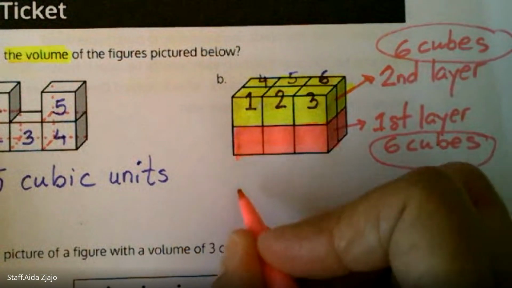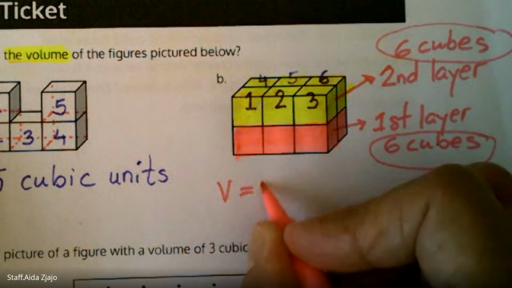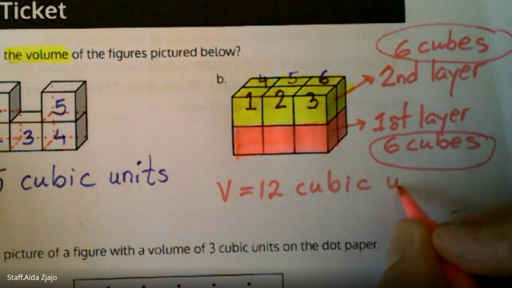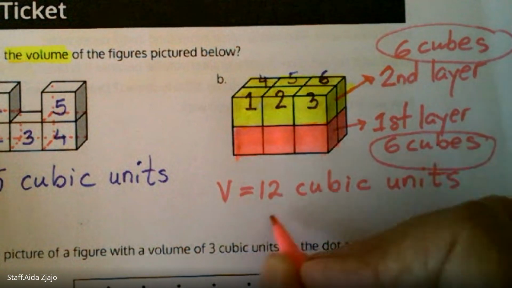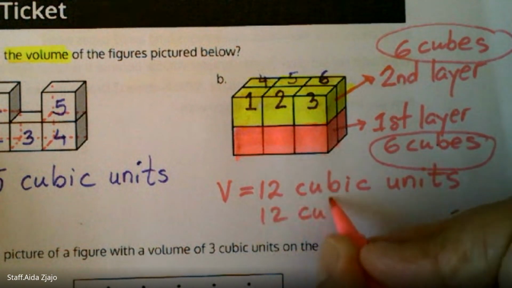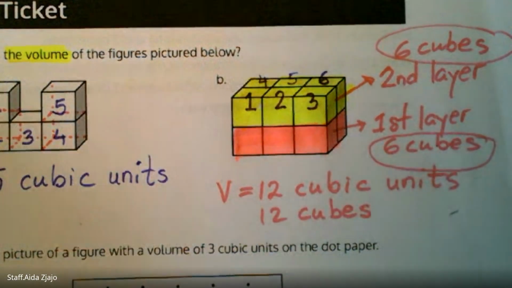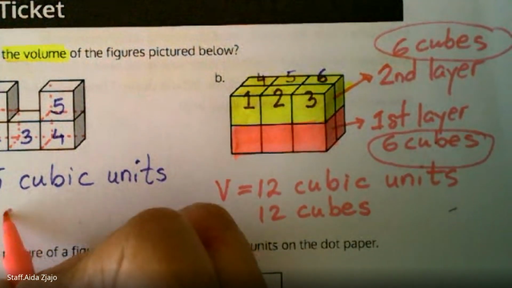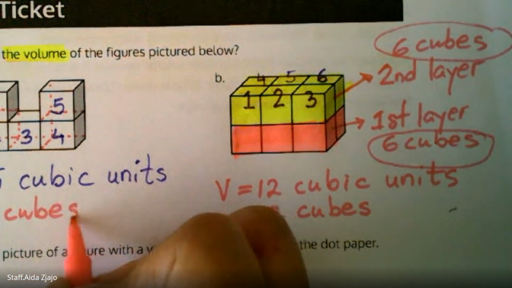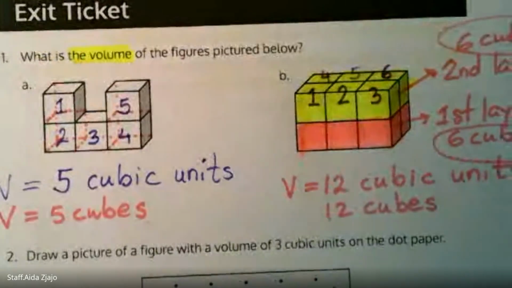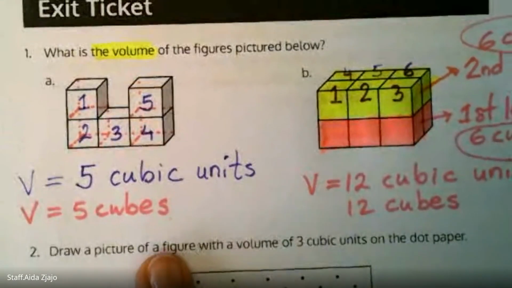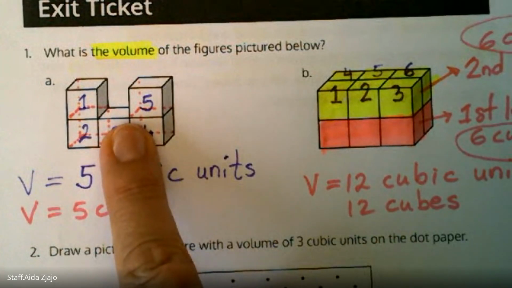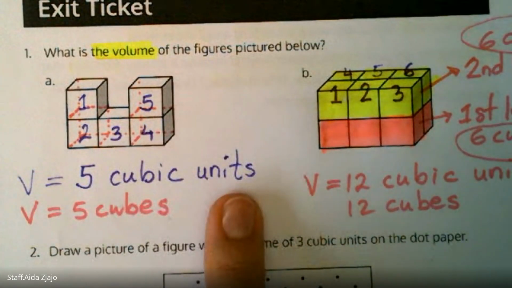So the volume is 12 cubic units, or 12 cubes, and here the volume is 5 cubes, or 5 cubic units.